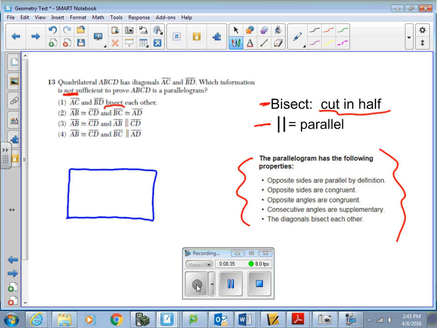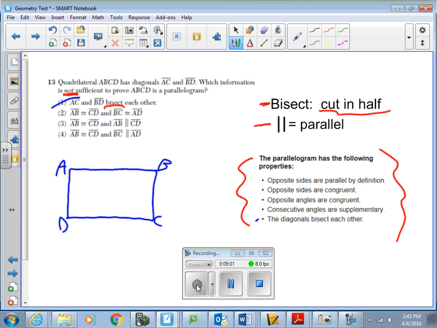Now, number one, if AC and BD bisect each other, that means it's a parallelogram. So that is sufficient to prove that it's a parallelogram. So that's not going to be your answer because that information is sufficient.